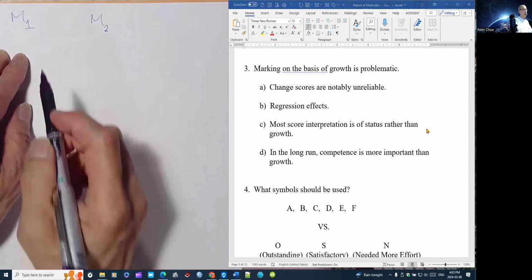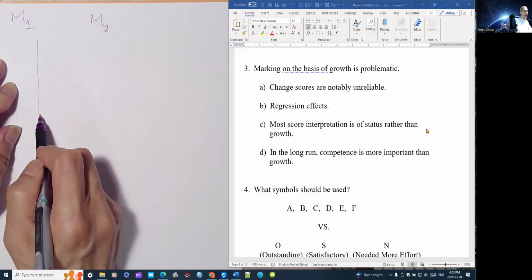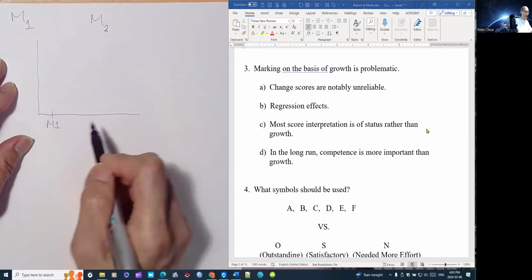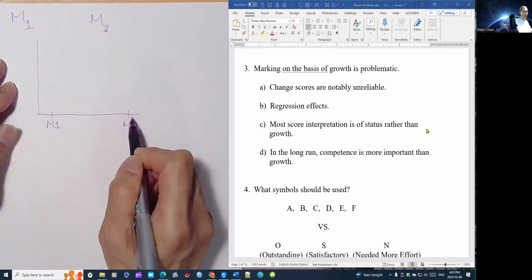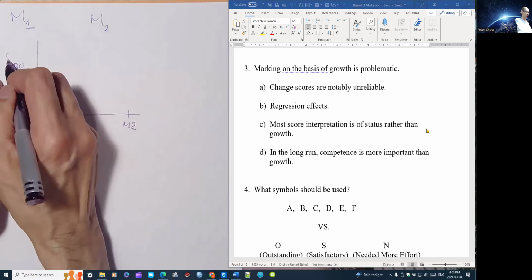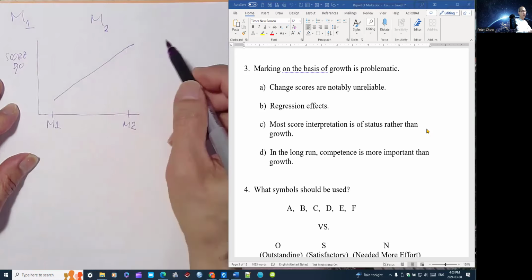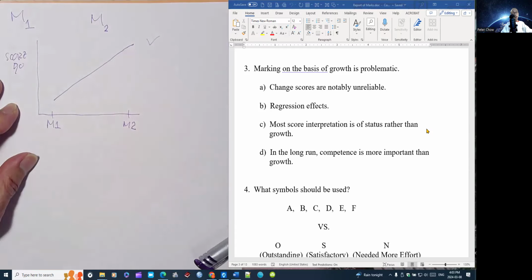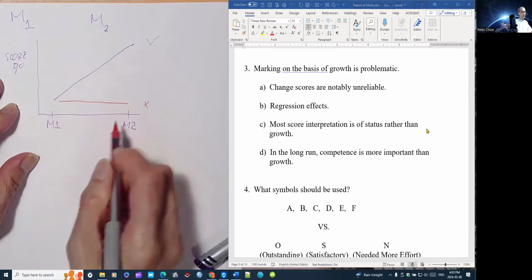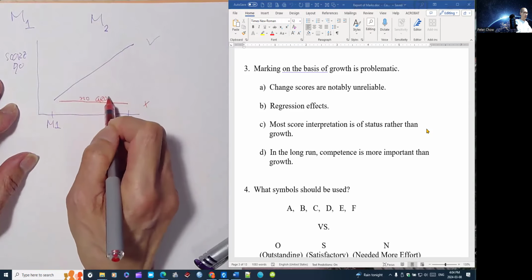Growth means, let's say here, if you have this kind of thing, this is the first mark, and this is the second, as a percentage or score. If you do that here, no growth.